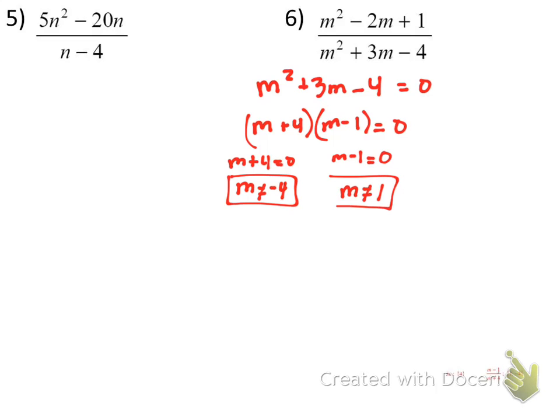Okay? Then you take the numerator, you factor it. We got the numerator is a perfect square trinomial. It's going to be m minus 1 times m minus 1 over the denominator we factored right here, m plus 4 times m minus 1. You don't have to do it again, so you just copy this section.